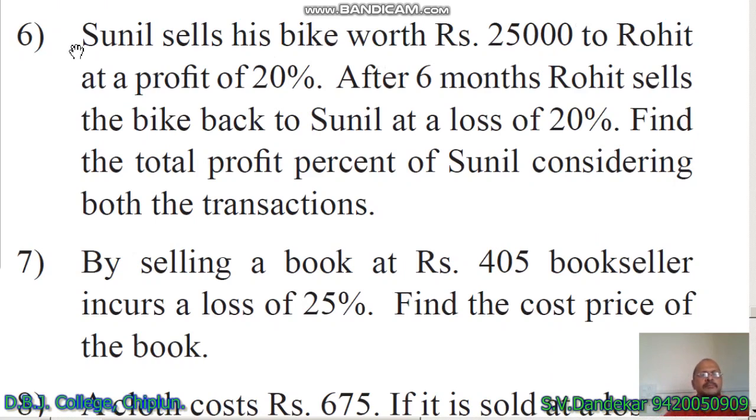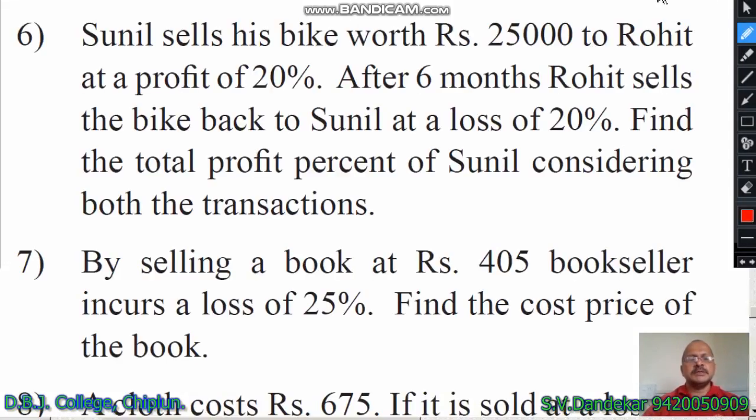Sixth problem. Sunil sells his bike worth rupees 25,000 to Rohit at a profit of 20%. 20% means 25,000 into 20 by 100 equal to 5,000 is the profit.